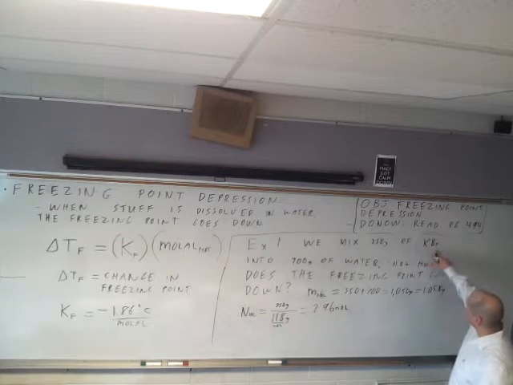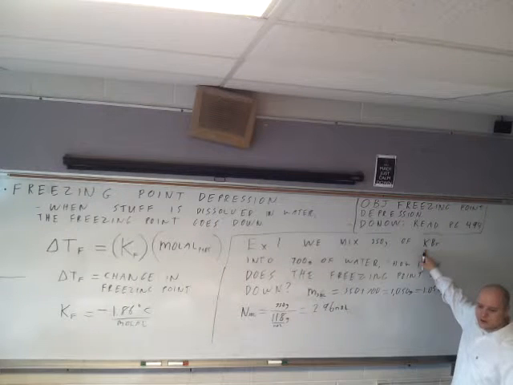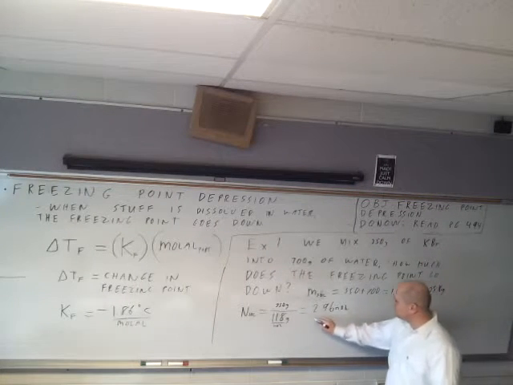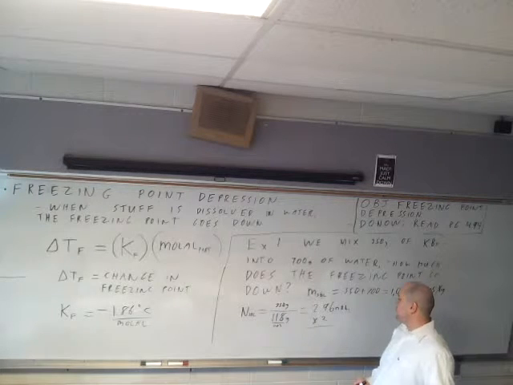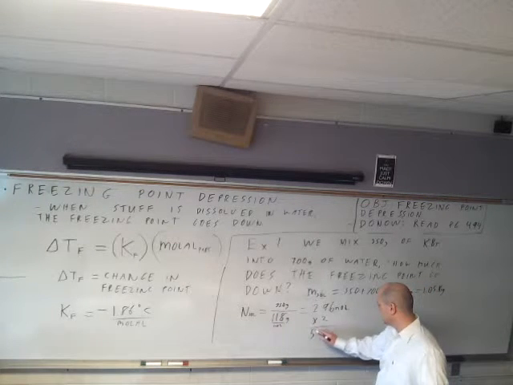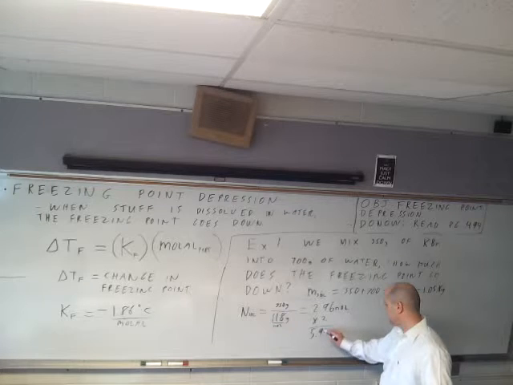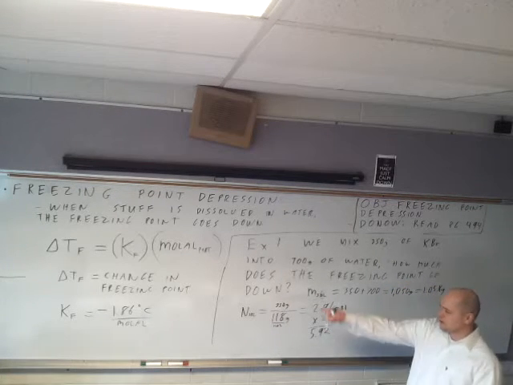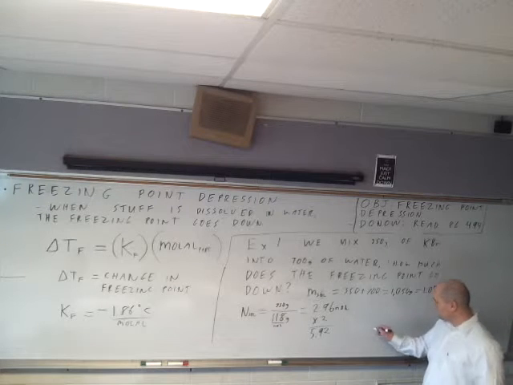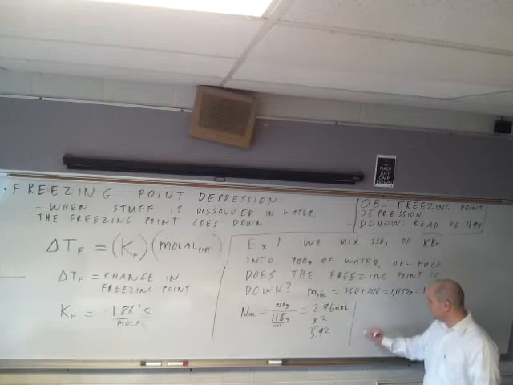When we look at potassium bromide, we know this is going to break up into 2 particles in solution, so we're going to multiply by 2 times 2.96, which is 5.92. It's exactly the same thing we did yesterday, except K is different. Okay, so let's find the molality.